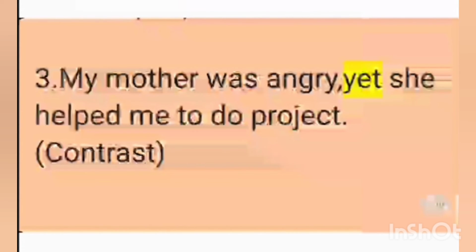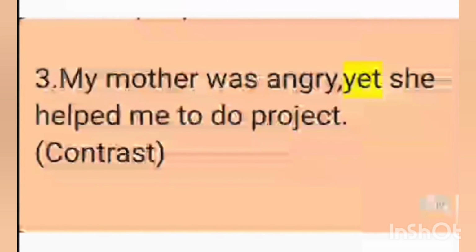That is, my mother was angry and I am not expecting any help from her in actual, but she helped me. So here yet is a conjunction that is used to join the words. So conjunctions are words that are used to join words, phrases or clauses in a sentence.